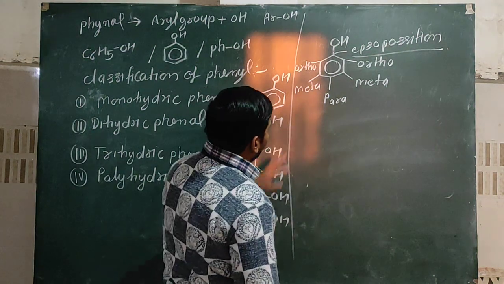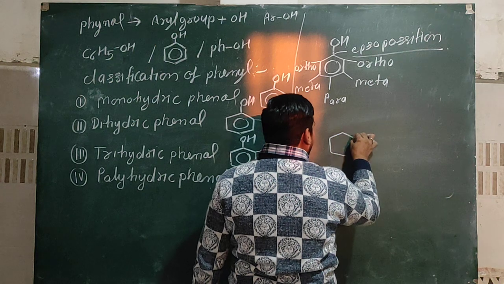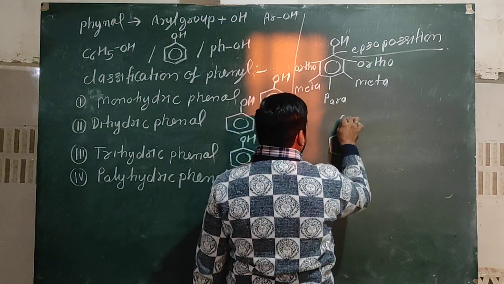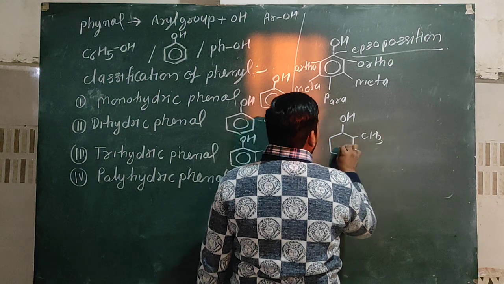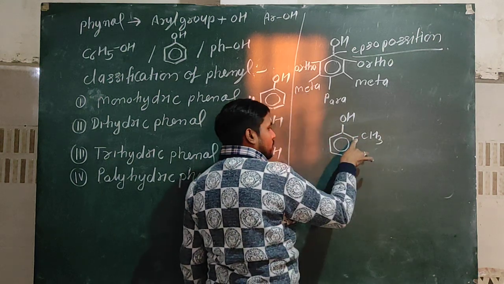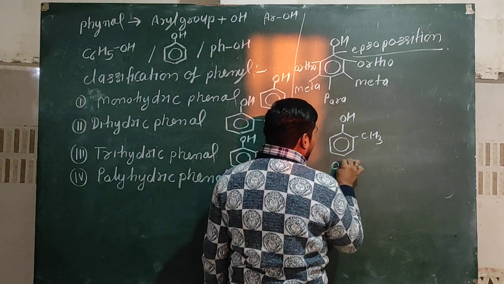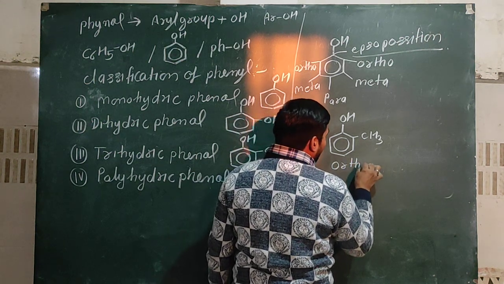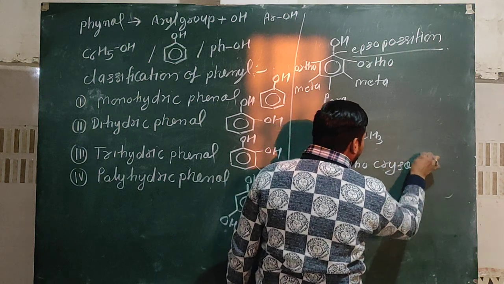Okay. On the basis of this ortho, meta and para, when any monohydric phenol contains a methyl group in its ortho position, either this side or this, then it is known as orthocresol. Its name becomes orthocresol.